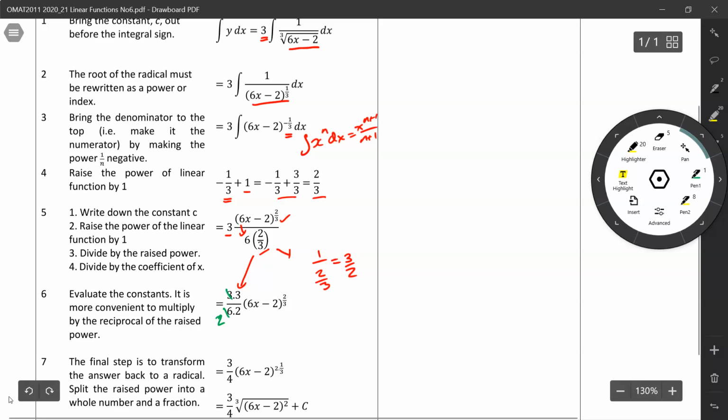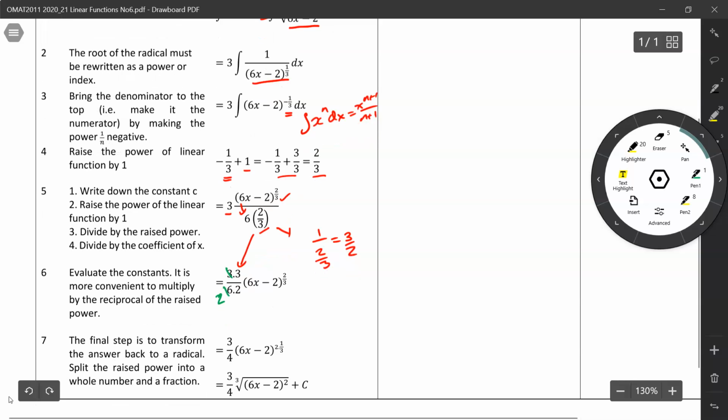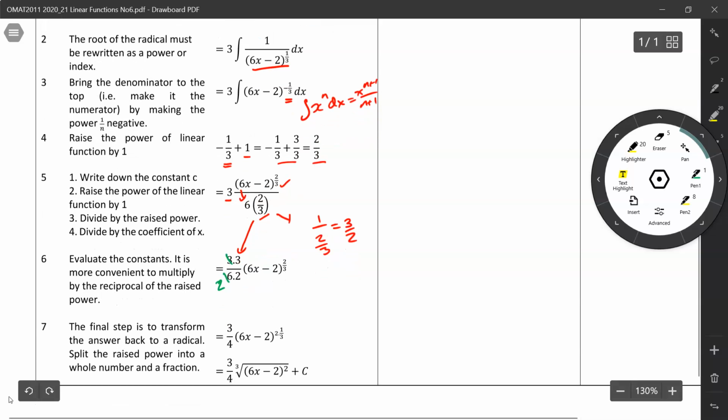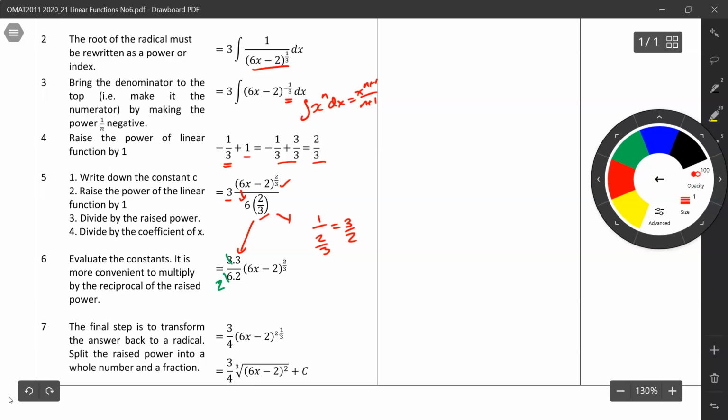What we need to do is transform the answer back to a radical, that's using a cube root sign or square root sign. So the step here is that you split the 2/3 into 2 times 1/3. Then the 1/3 tells you that you're going to get the cube root.